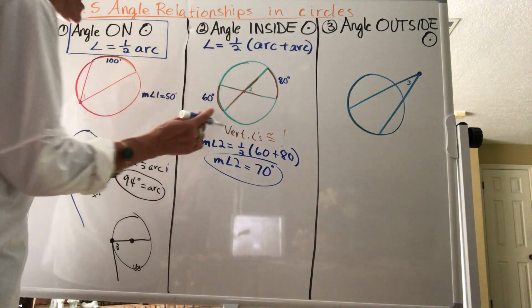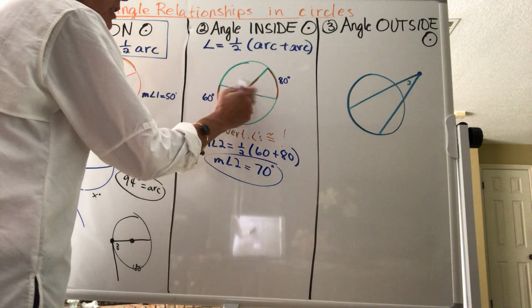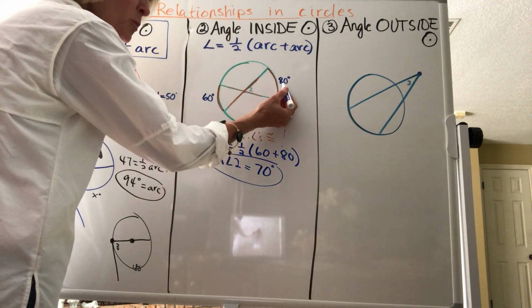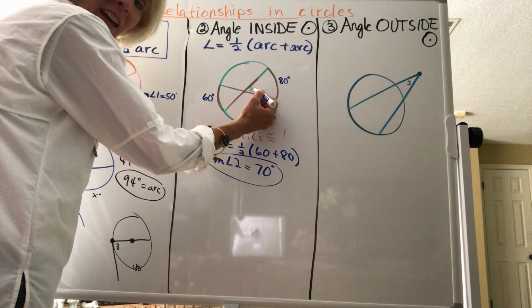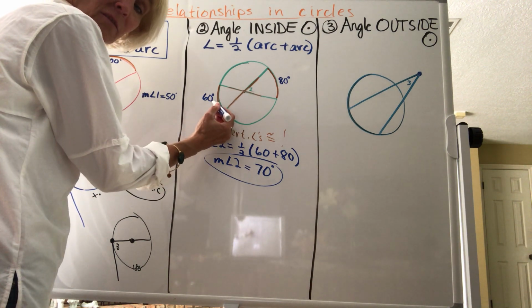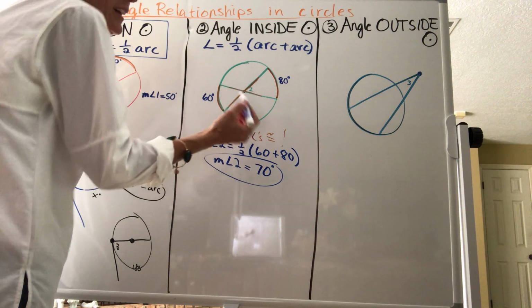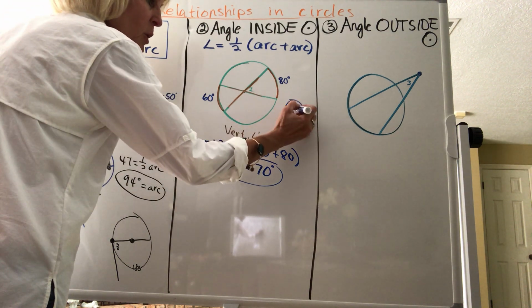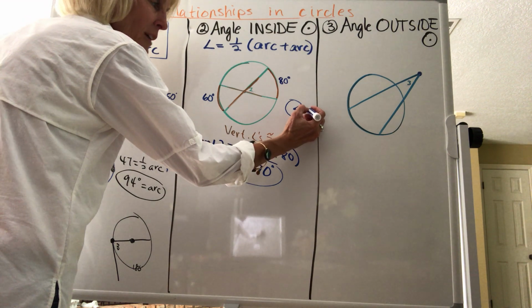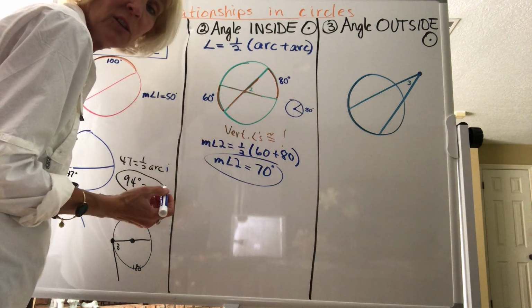Now I said let's go back to what happens if it were a central angle. If that vertex were right on the center, then wouldn't that angle have to be 80? But then the vertical angle would have to be 80, and what would this arc have to be? 80. So again, if it was on the center, I'll just draw a small one where it's on the center, you could do the same thing. Let's go back to that example that I started with, 50 degrees.